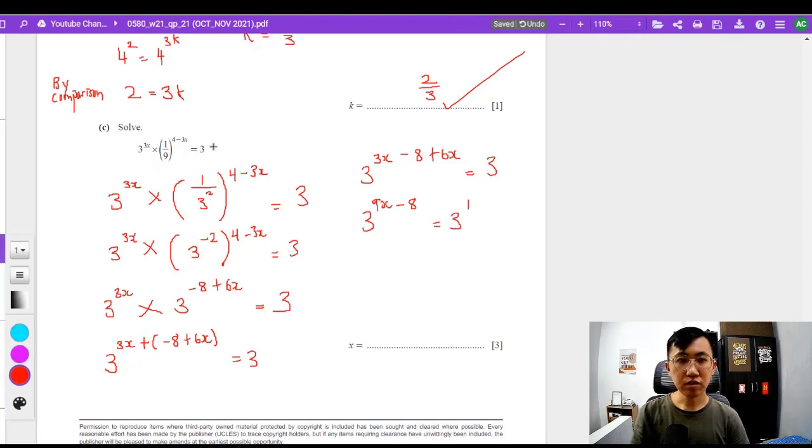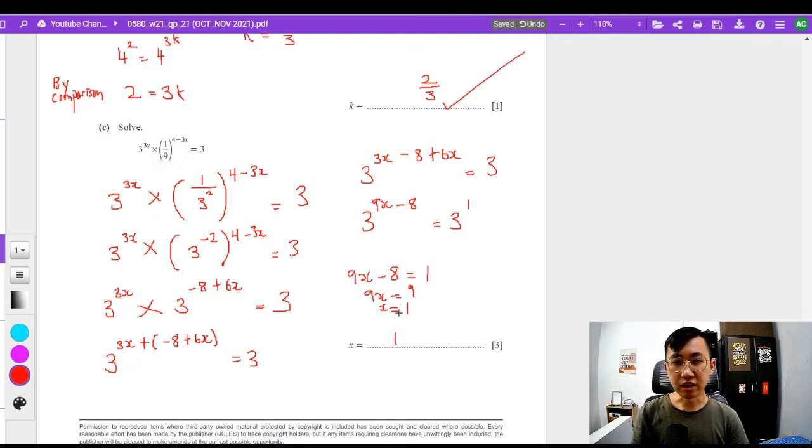Okay, so now same technique, by comparison, this power is going to be equals to 1. So 9x minus 8 equals to 1. Now you're going to move left and right, right? So 9x equals to 9, right? So I divide 9 over 9. So x equals to 1.